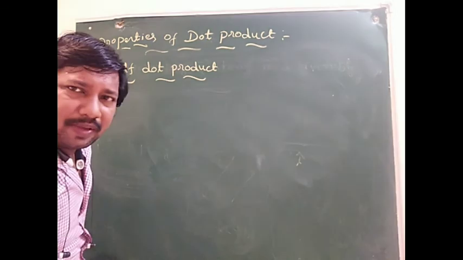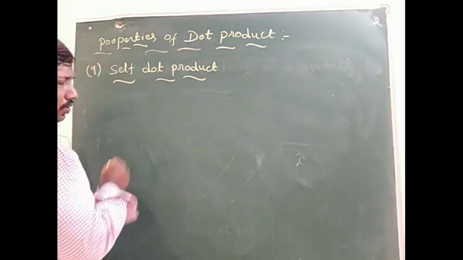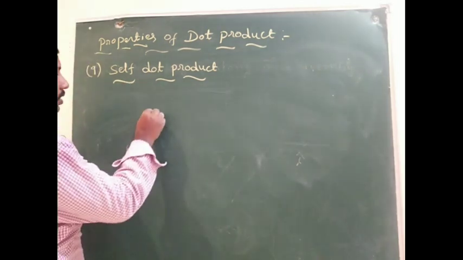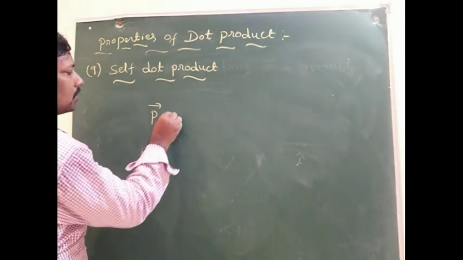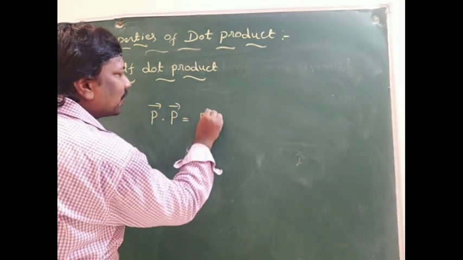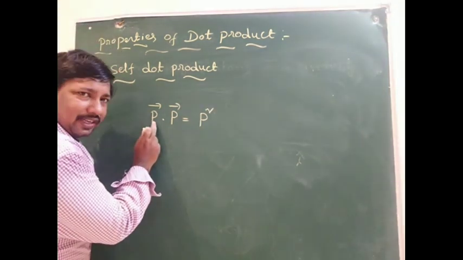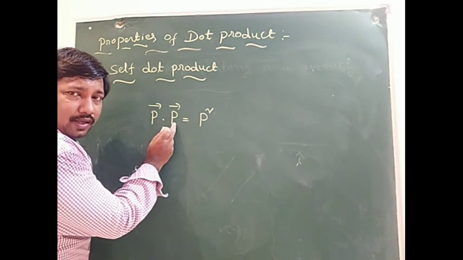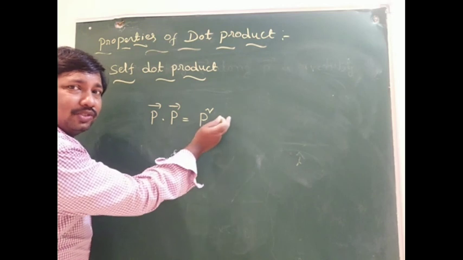So here P bar is one of the vectors. Then the dot product of the same vector, that means P bar dot P bar equal to P square, because of magnitude of P bar into magnitude of P bar into cos 0 degrees.